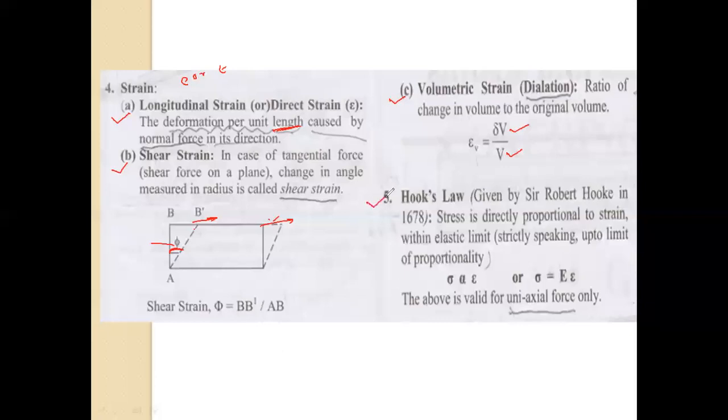After that, next point, Hooke's law. Already you have studied it in first year. Hooke's law states that within the elastic limit, or up to the limit of proportionality, stress is directly proportional to strain.